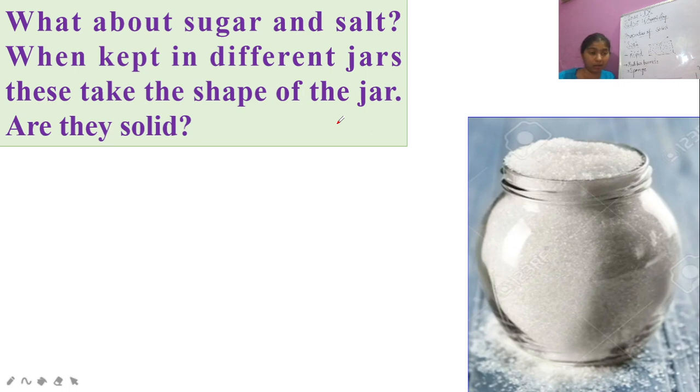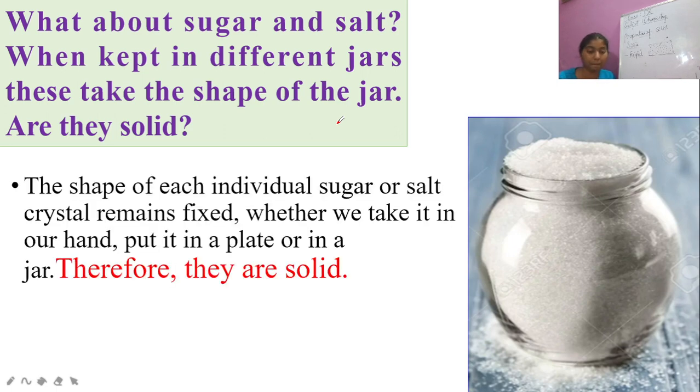But why? Whenever you take it, they have their own shape. Students, sugar cubes or salt are very minute particles. So whenever you add them into a container, they occupy all the space. Then we say that the container shape has been taken by sugar and salt.